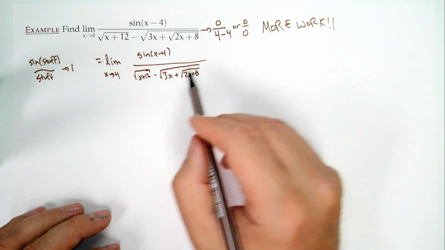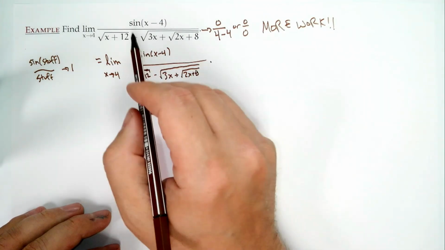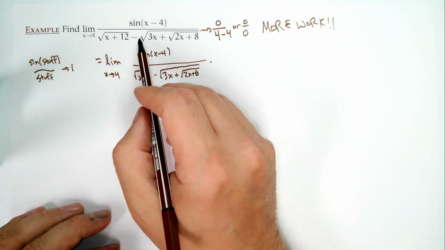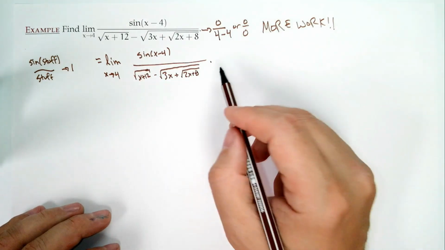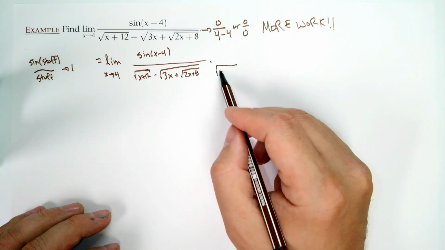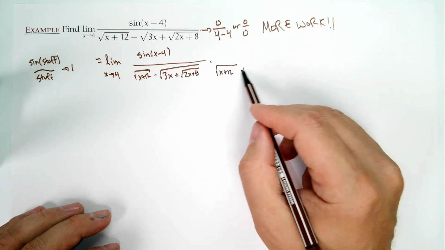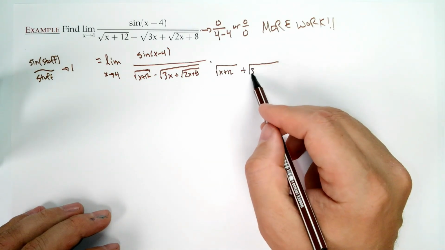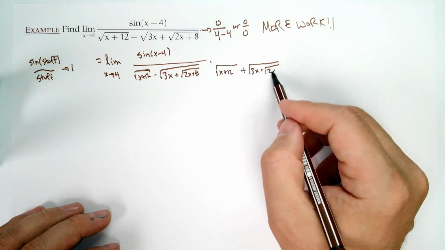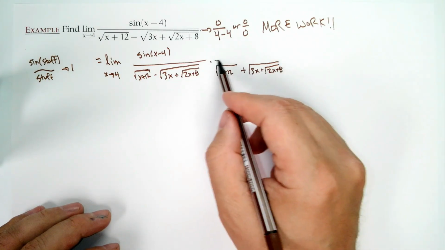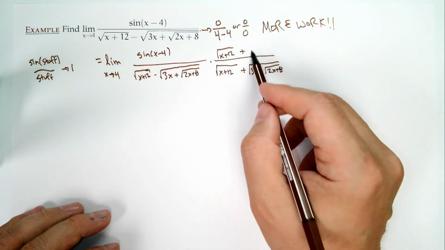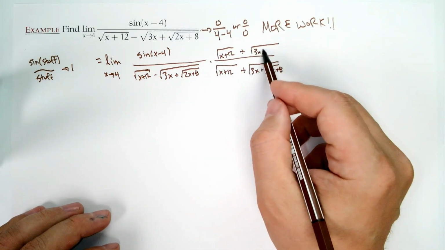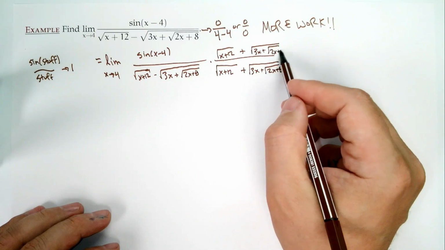All right, so there's the original. Now the conjugate just says change the sign between the two terms. So there's only two terms. So this is the sign that we're changing. Square root of x plus 12 plus square root of 3x plus square root of 2x plus 8.